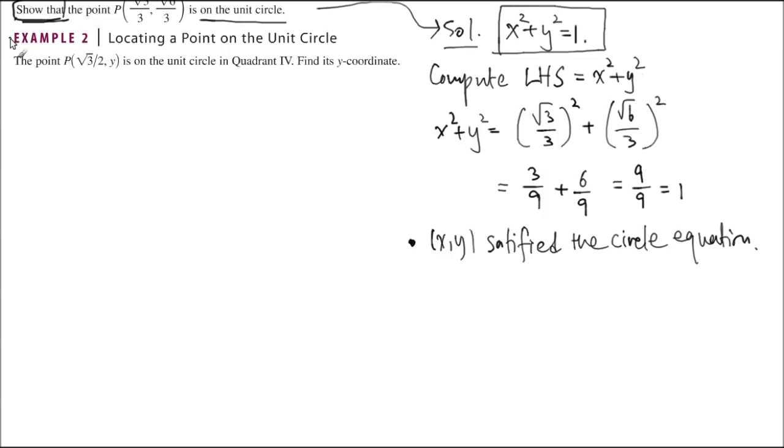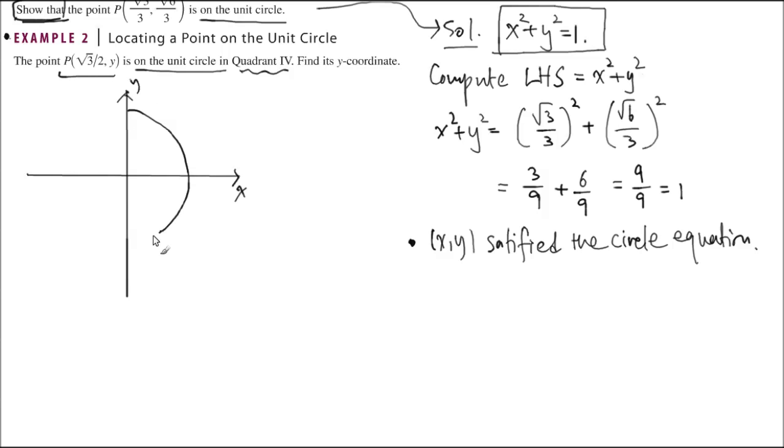Let's look at the second one. The point with x coordinate given and y coordinate not given is on the unit circle and it's also in quadrant 4. Find the y coordinate. So we're going to sketch this one. Here's a circle, and it says unit circle, so it's x squared plus y squared equals 1.